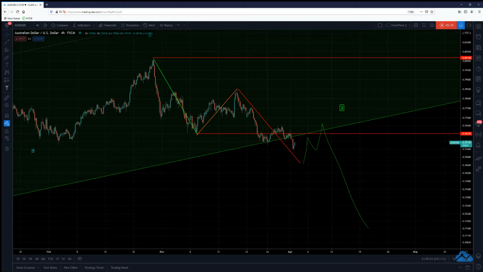And the reason for that is because usually when the C wave looks like this, you'll get some kind of reaction to the upside, and then you have an equal move that matches the length of wave C, because wave C is a 5-wave move.